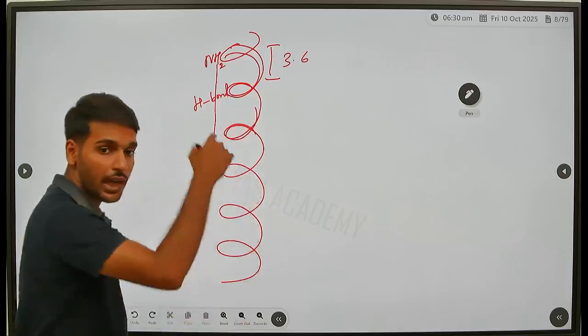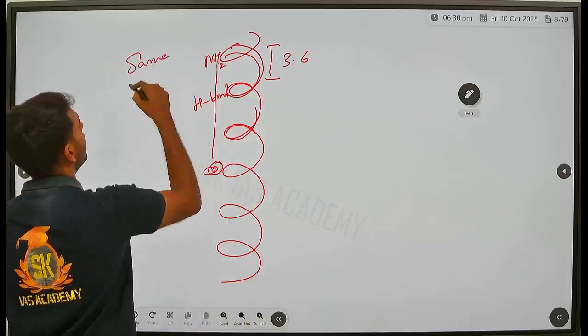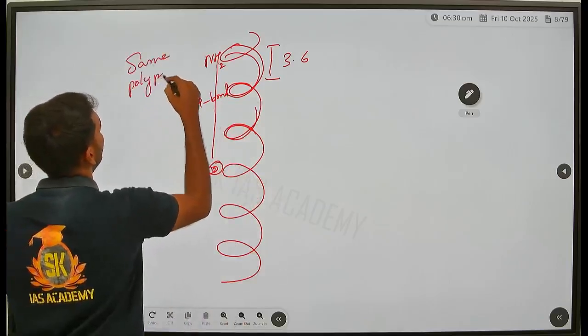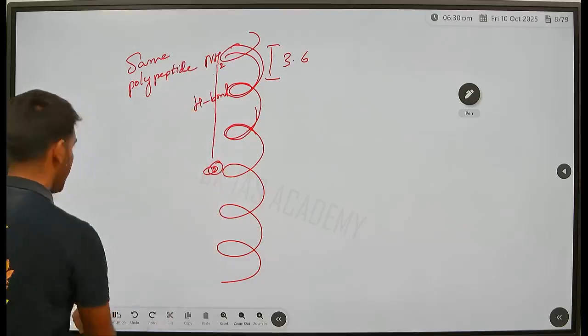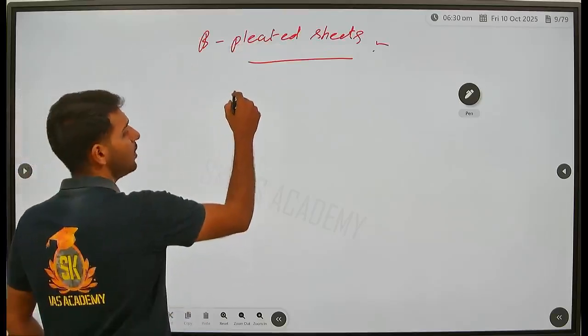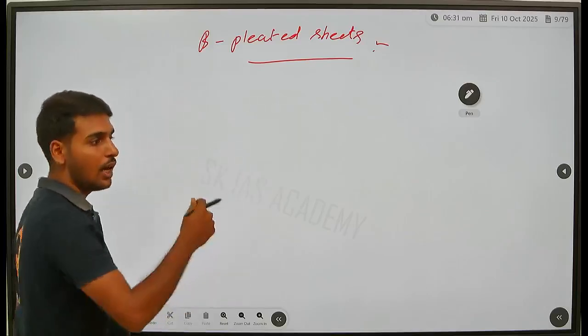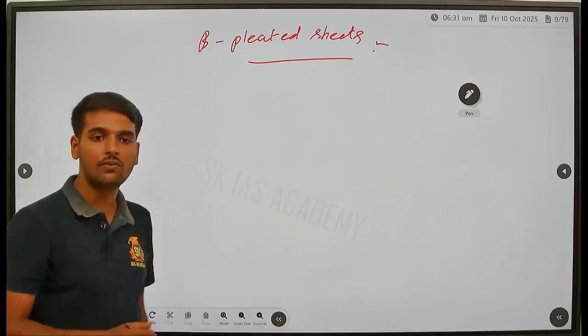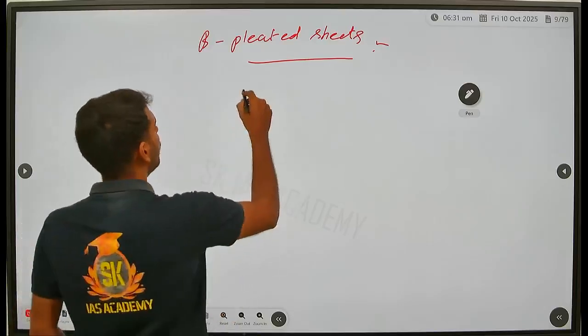Now this hydrogen bond is happening in the same polypeptide chain. But in beta pleated sheets, you have opposite strands of polypeptide, and these opposite strands will have the hydrogen bonding occurring. How is the structure, sir?